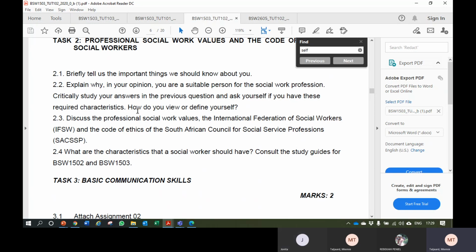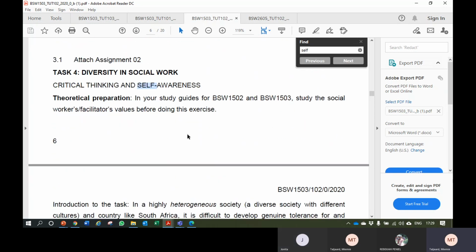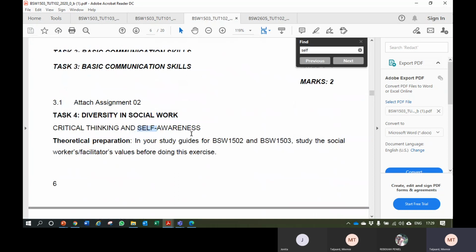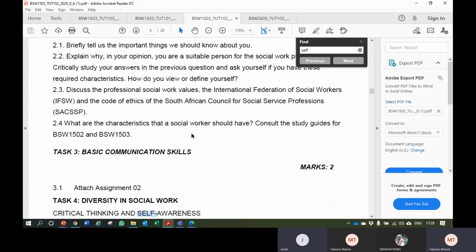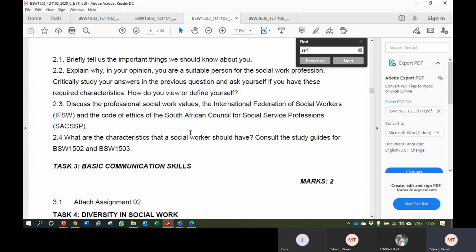How do you view or define yourself? And what are the characteristics that a social worker should have? And here she forces you to look away from yourself. It's more important.